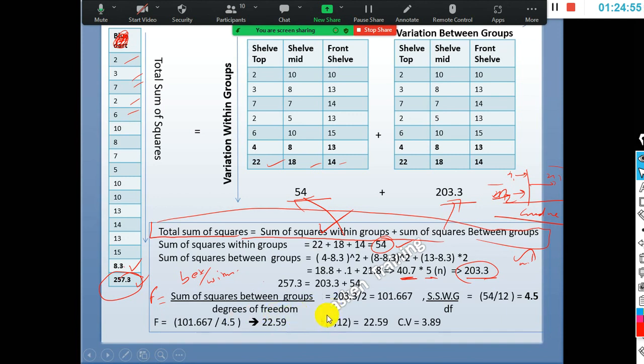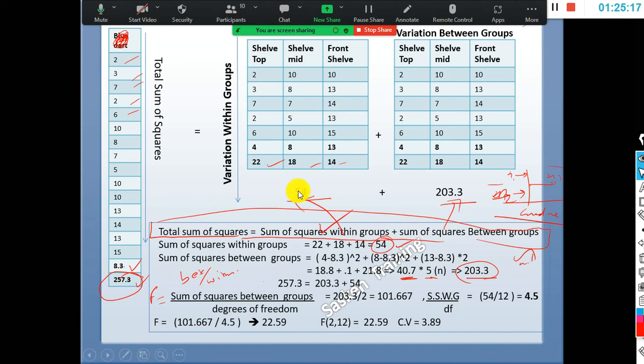So how do you find out the degrees of freedom? Here for sum of squares between groups, we have 3 groups. 3 minus 1 is 2. That is the degrees of freedom. Okay, and within the groups, how many values are there? So 3 into 5, 15.